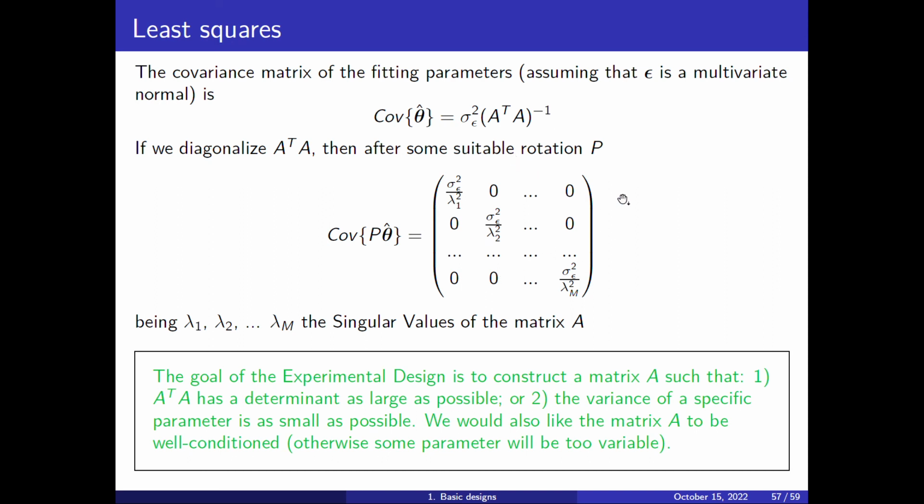But what I want to convey with all this analysis is that experimental design, before doing the experiment, is a way to construct the matrix A such that A transpose A has a determinant that is as large as possible, and if the determinant of A transpose A is as large as possible, then because you have an inverse here, you will be dividing by big numbers.